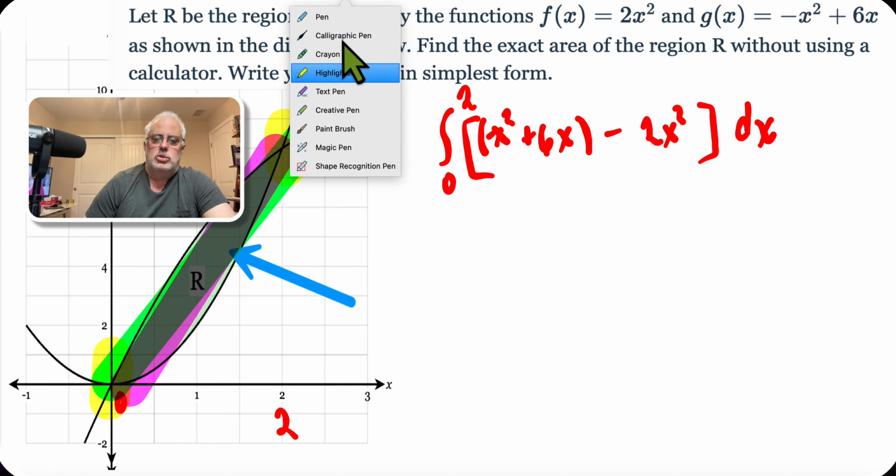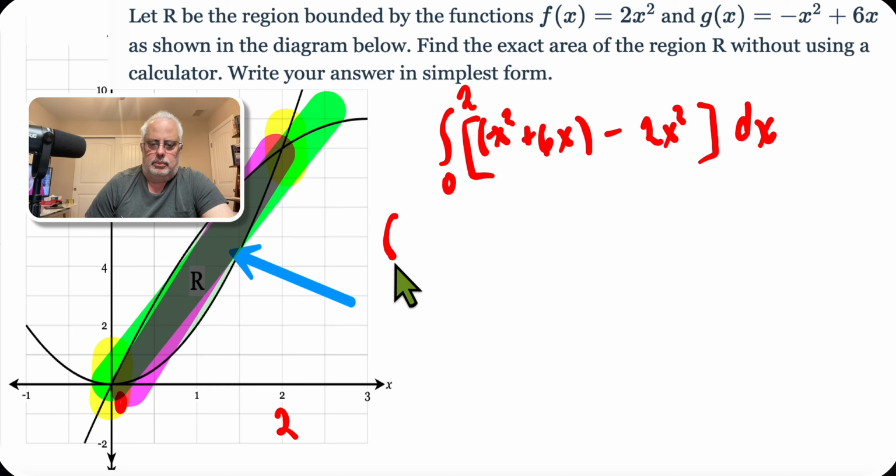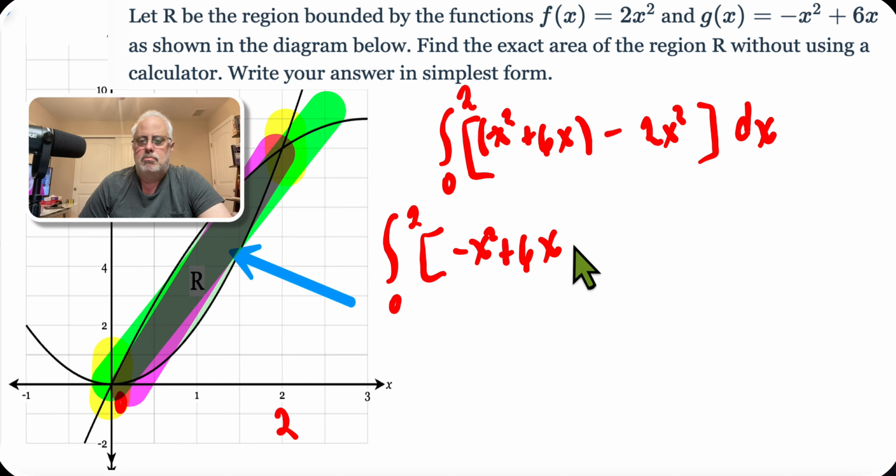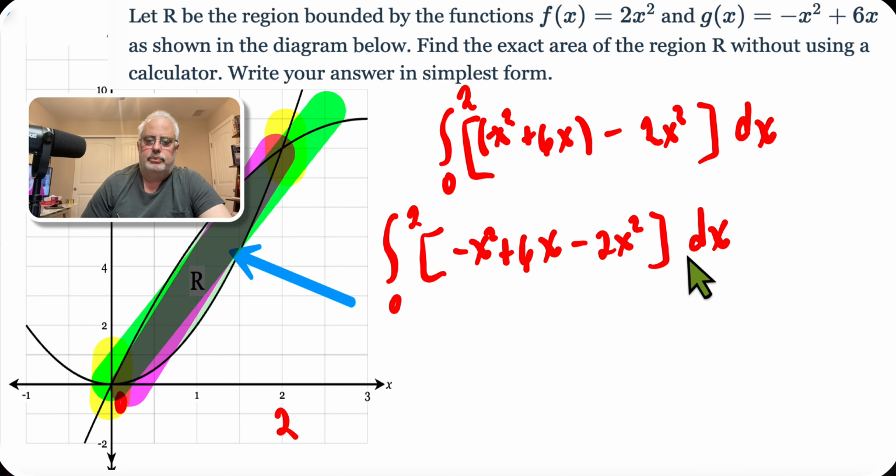So let's do some algebra massage here. And we have here minus x squared plus 6x minus 2x squared dx. And we can combine like terms.